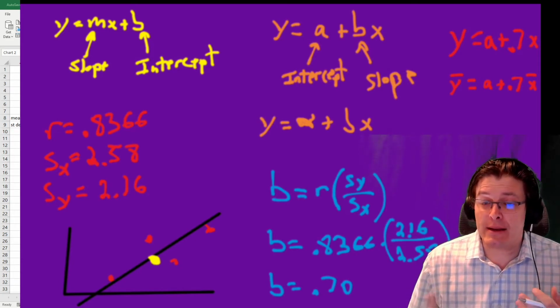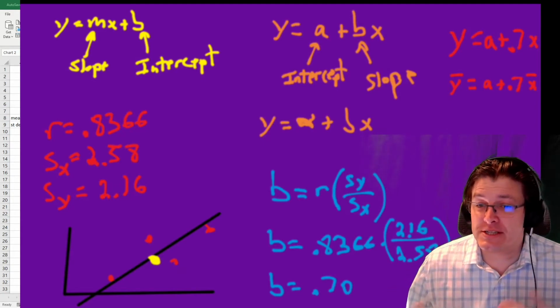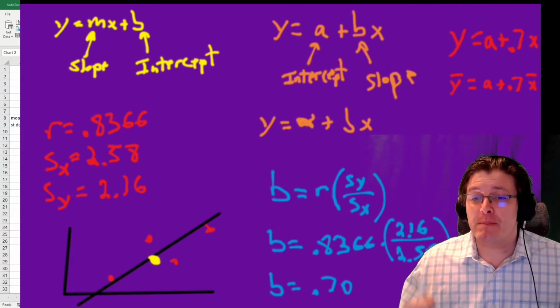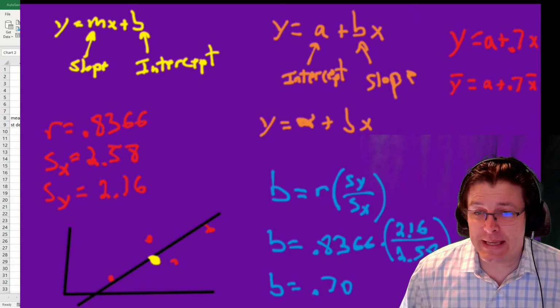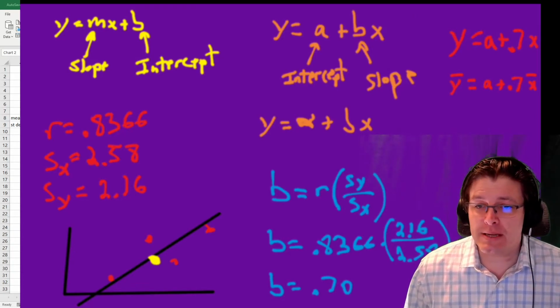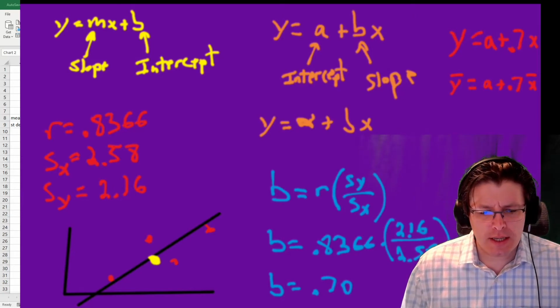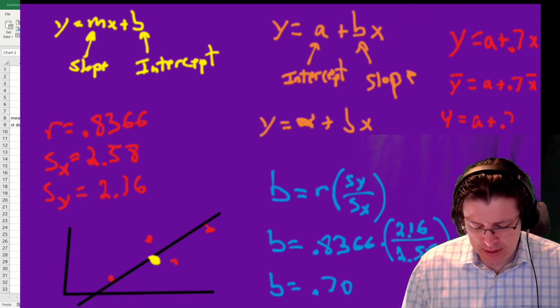Okay, so this is, as you anticipate having to do some homework problems, the process you're going to have to go through. Solve for b, plug b back into our y equals a plus bx, and then use that mean point to solve for a. Okay, and so our mean here is 4 is equal to a plus 0.7 times 7.